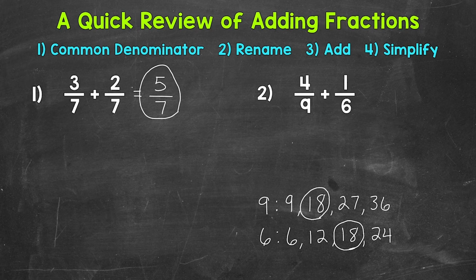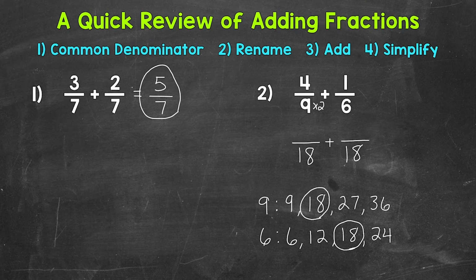So I'm going to rename these fractions underneath the original problem with that denominator of 18. So when we rename, we're going to use equivalent fractions, so we're not changing the value of the problem at all. We need to think, how do we get 9 to equal 18? Well, 9 times 2 is 18.